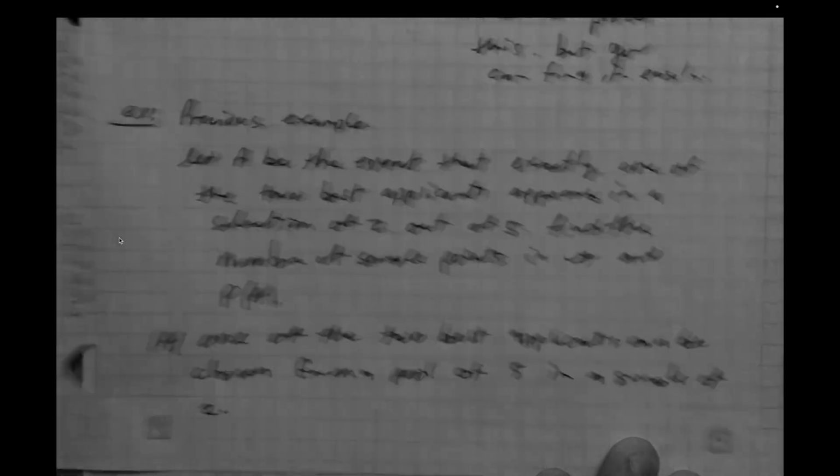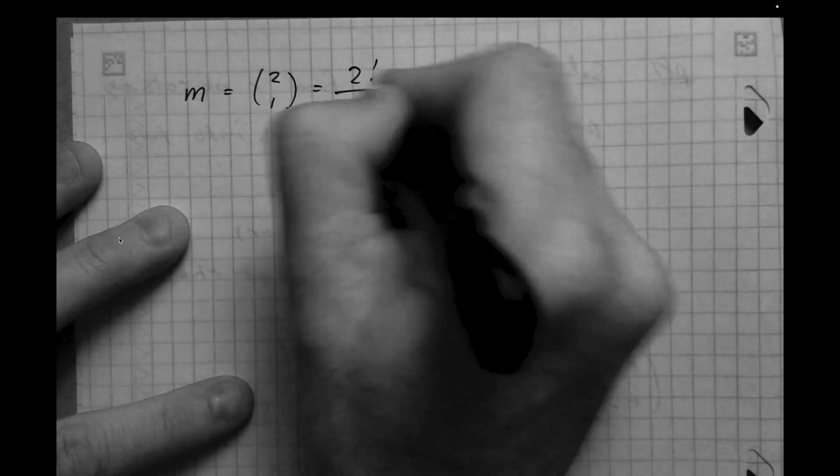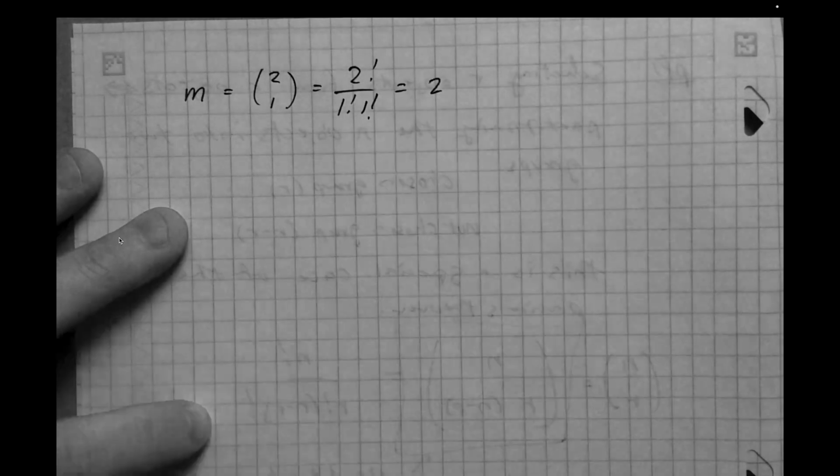Okay, so that's what we're after. What's that number? Let's see here. Well, this is going to be an MN problem, isn't it? All right, so we'll say the M here is, I've got 2 best applicants in my group of 5, and I want to choose one of them. So M is just 2 choose 1, right? And that's just 2 factorial over 1 factorial times 1 factorial, which is 2.